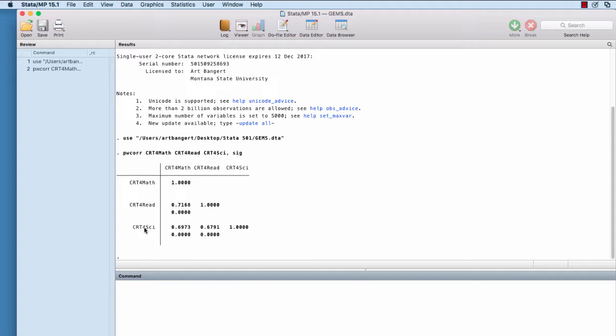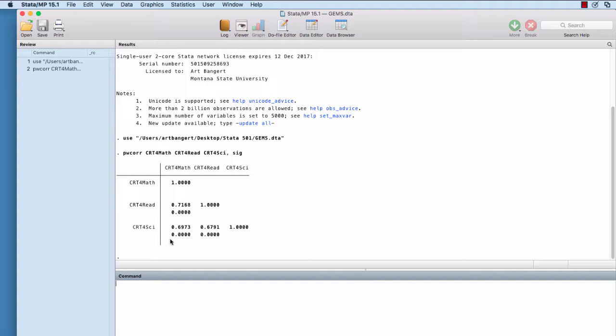And the correlation between 4th grade science and math scores is 0.69, almost 0.70. So these are fairly substantial correlations when considering 0.80 would be considered, and above would be considered, a large correlation.